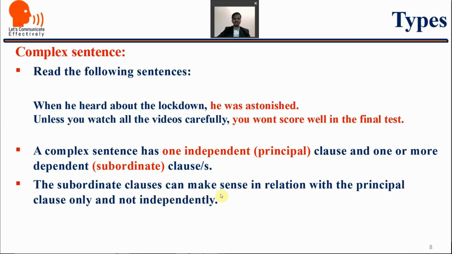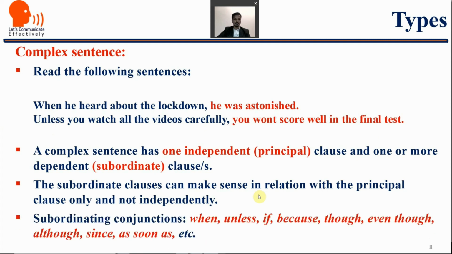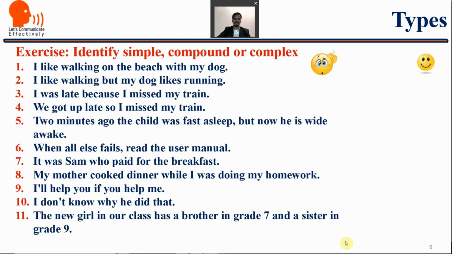The subordinate clauses can make sense only in relation with the principal clause and not in isolation. The subordinate conjunctions are when, unless, if, because, though, even though, although, since, as soon as, and there are so many. So let us learn these types of sentences by doing practice.